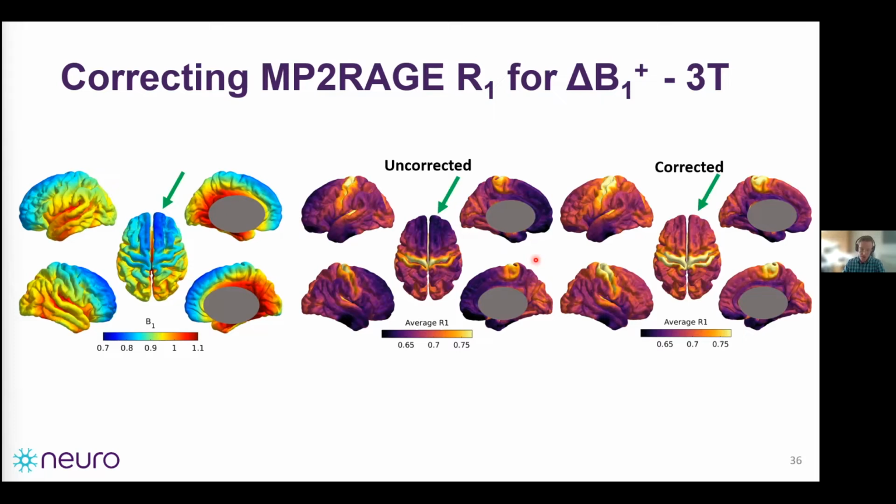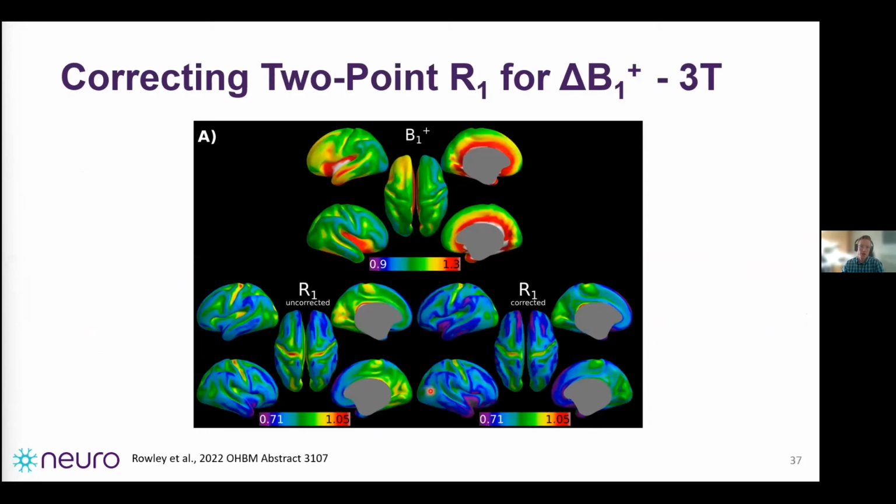Some other work: I mentioned the bipolar study was ongoing with longitudinal studying. They've switched their imaging approach to do a 2-point R1 fit. Some work that I had accepted for OHBM was to look at B1 correction with block simulations and how that impacted the left-right asymmetry. I mentioned the B1 field is scanner dependent.